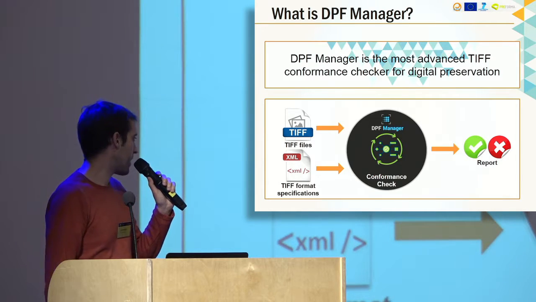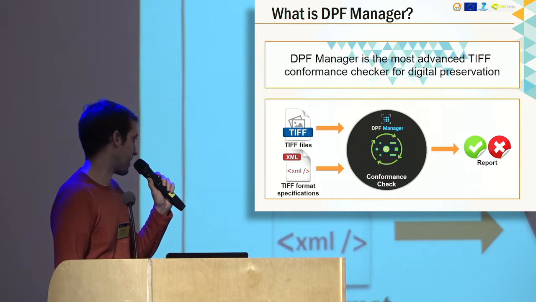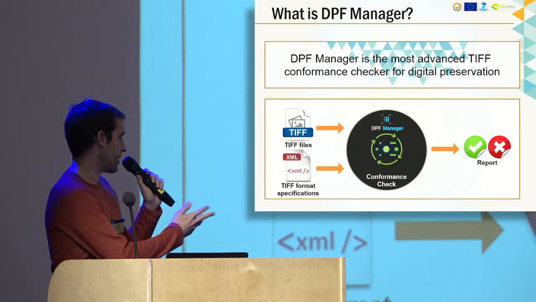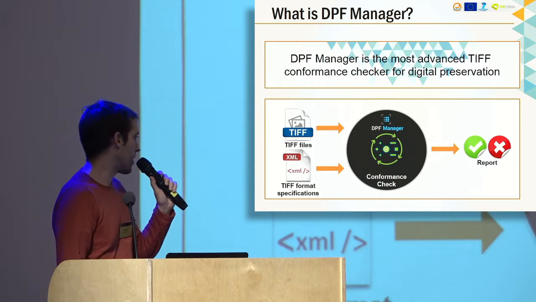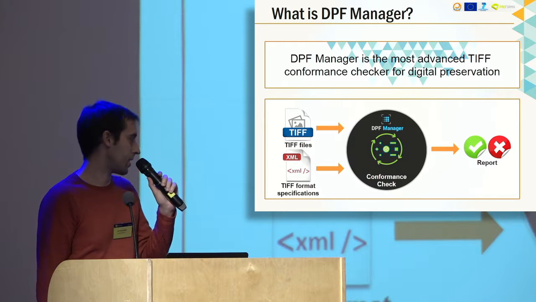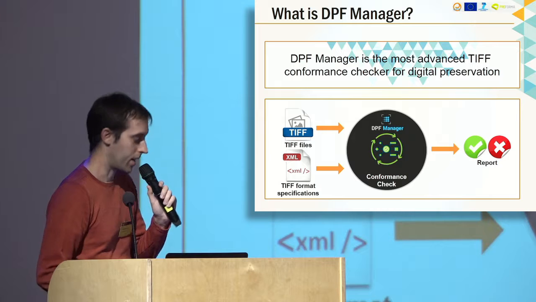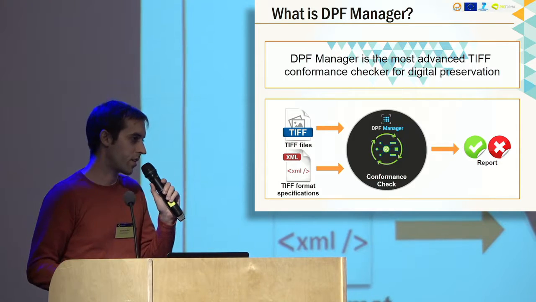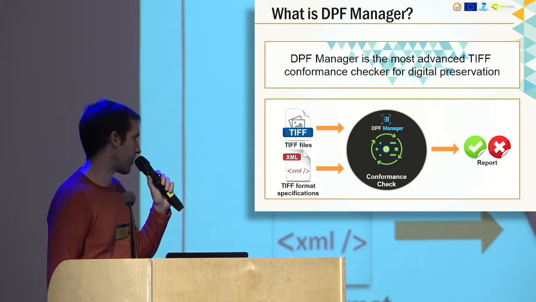They have many. Or it can be also the TIFF/A standard that we have designed. And then the DPF Manager produces as a result a report that says whether the files conform with these specifications or not. And if not, it says which are the errors and also hints on how to solve the errors that have been found.